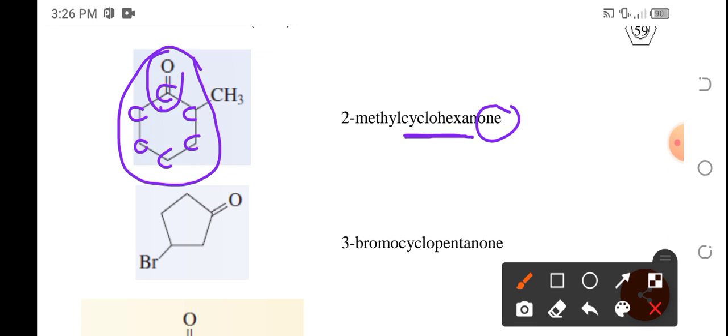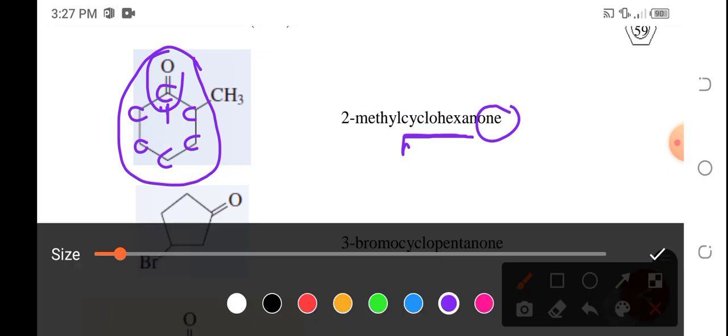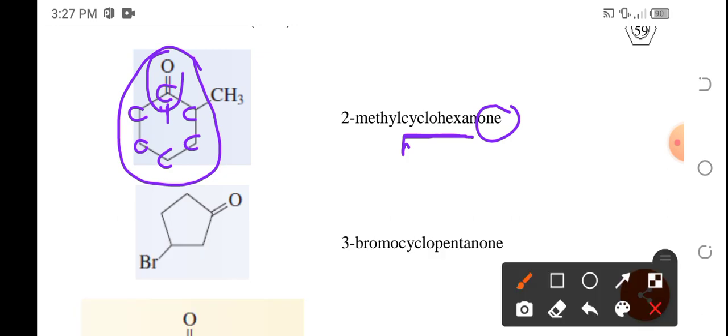We are not going to put any number here kasi it's a rule that for a cyclic ketone, the carbonyl carbon will always assume carbon number 1. So numbering this counterclockwise or clockwise, but I think this is clockwise, such that this substituent is attached on carbon number 2. And that is 2-methylcyclohexanone.